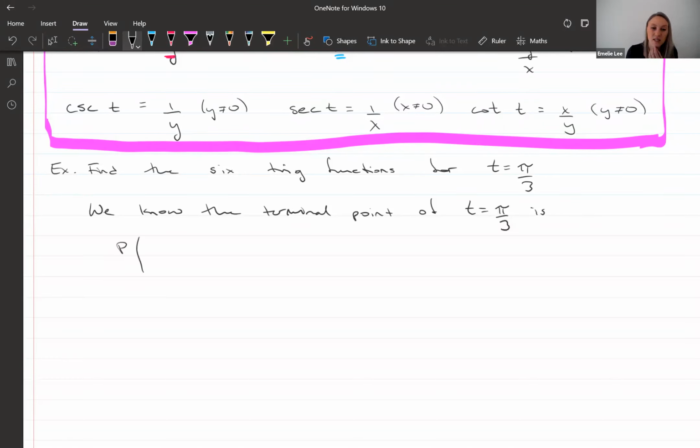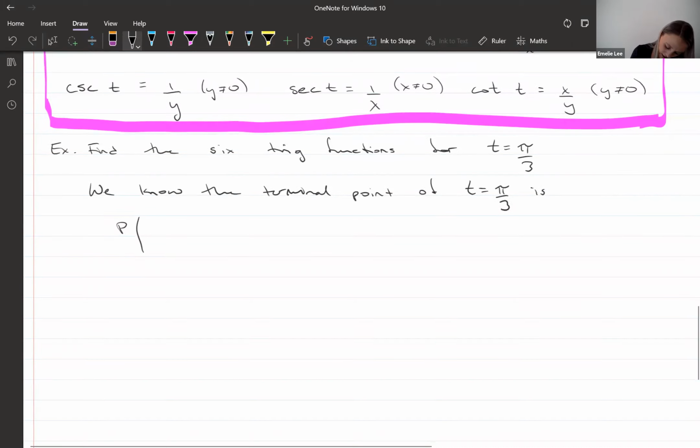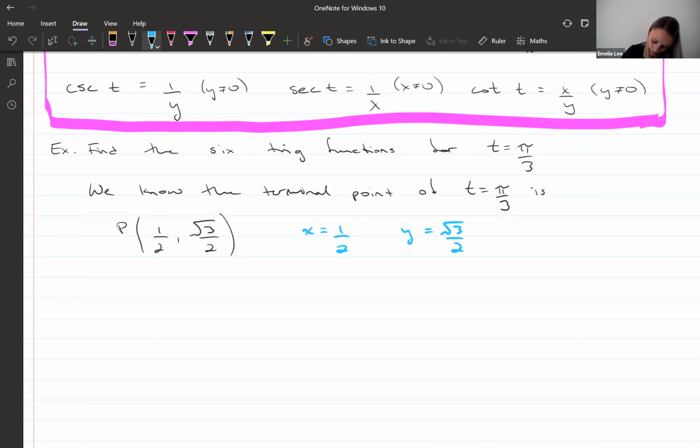and just to emphasize that it's the same P, we can put the P outside. It's just to say this is a point on the unit circle, is 1/2, root 3 over 2. So x is 1/2 and y is root 3 over 2.